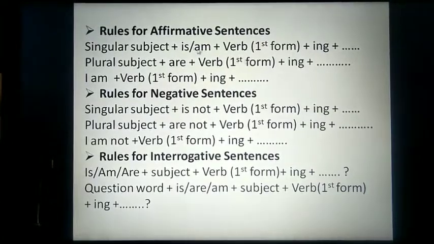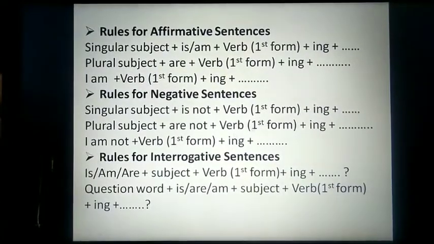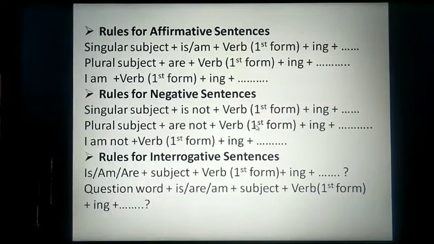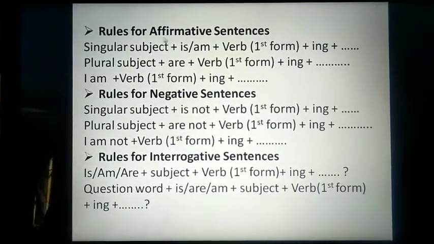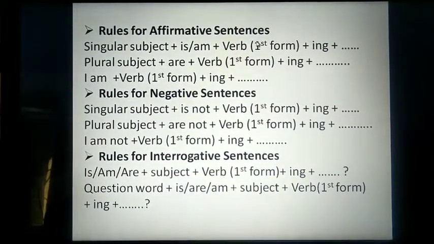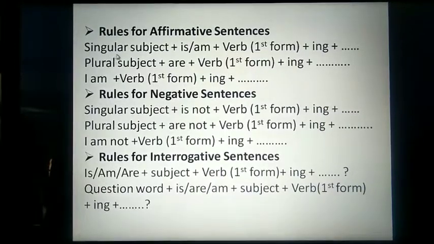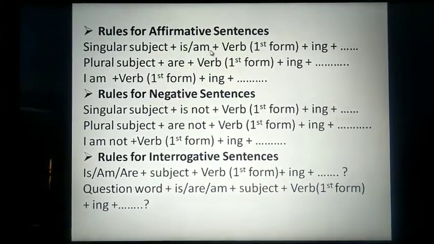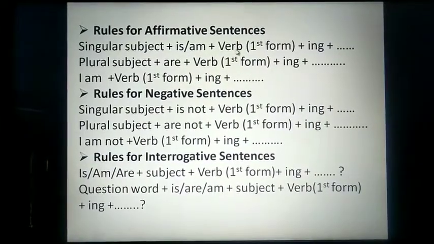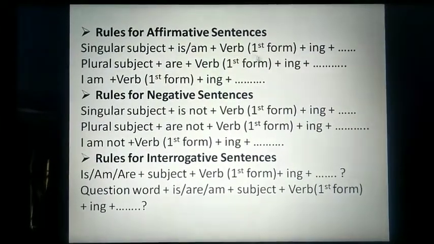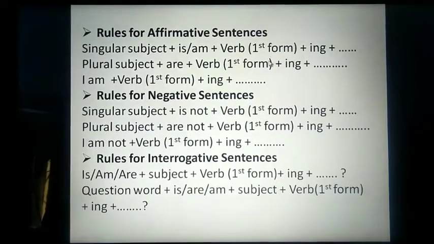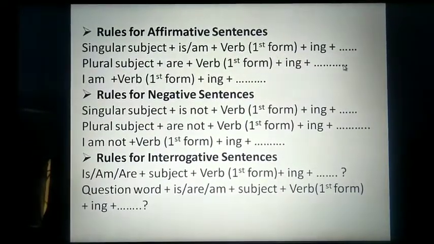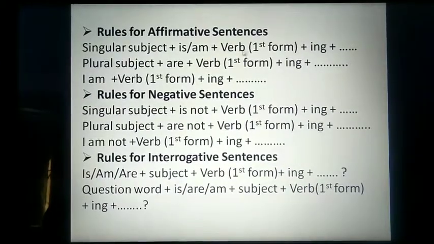Now we move on to the rules for writing the different types of sentences in present continuous tense. So rules for affirmative sentences. If your subject is singular, then singular subject plus is or am plus first form of verb, and we will add ing to that form of verb plus object. For example, I am playing a game.